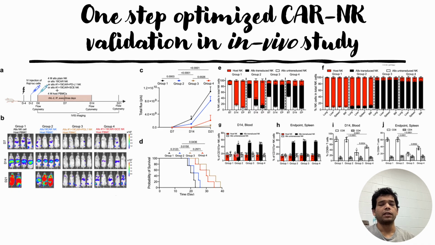They saw that the degranulation marker is high in groups 2, 3 and 4, both in the bloodstream and in the spleen. This indicates that the allogenic NK cells are the ones fighting the tumors, and the host NK cell levels remain the same in almost all the conditions. So it's the allogenic NK cells that are responsible for this anti-tumor response.